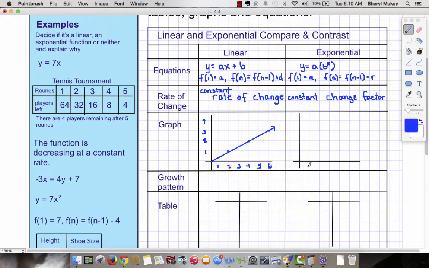But on an exponential function, let's have our equal intervals be 1, 2, 3, 4, 5, 6. We're going to make our intervals be a little bit different. They're still equal.